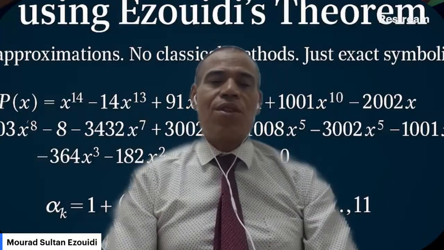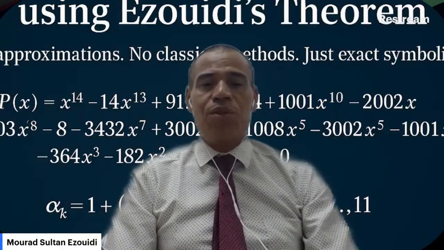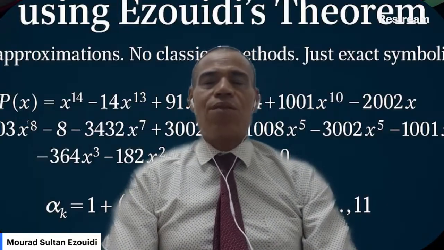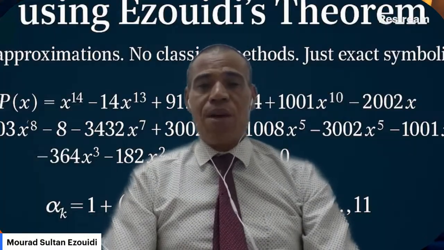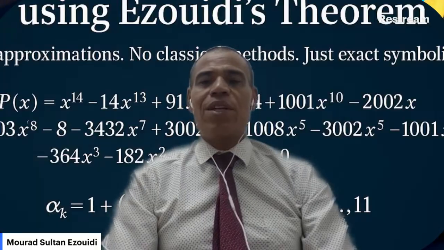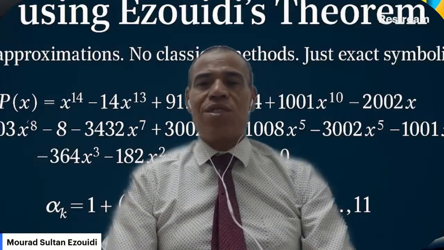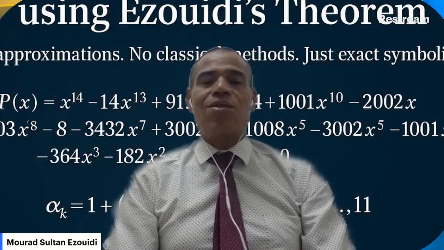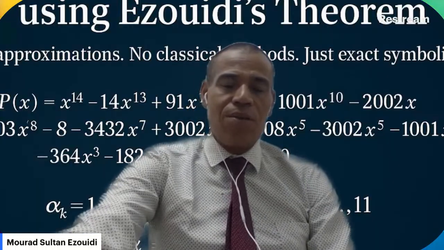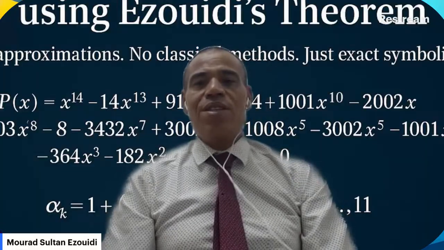Contrary to Abel's assertion, my method demonstrates that even polynomials with radical roots can be solved exactly. Where the traditional approach failed, my theorem reveals the exact symbolic roots through a structured process that bypasses the limitations of classical algebra and numerical methods.